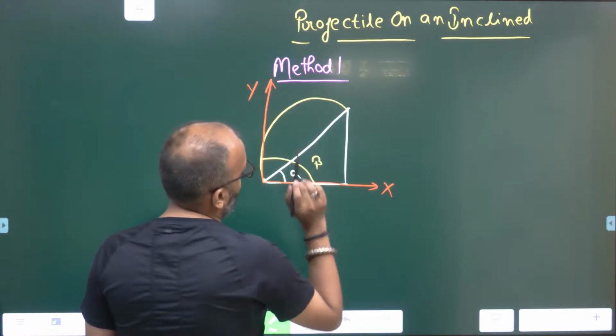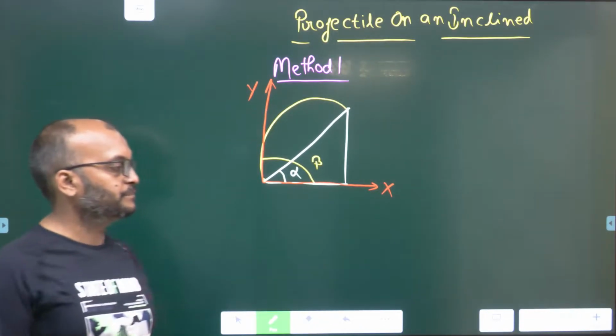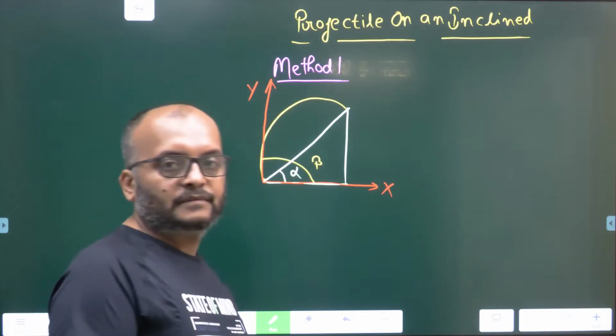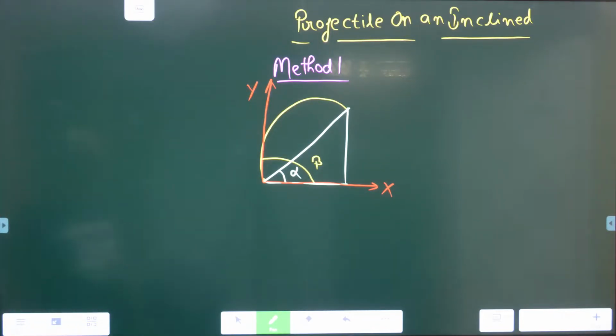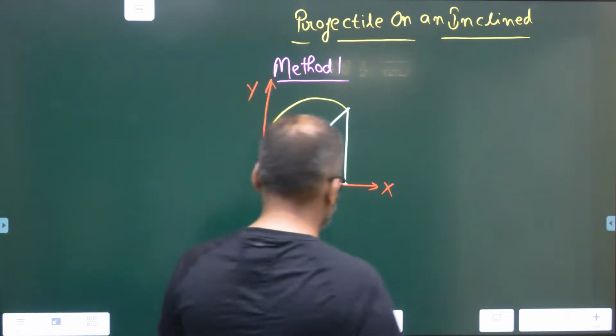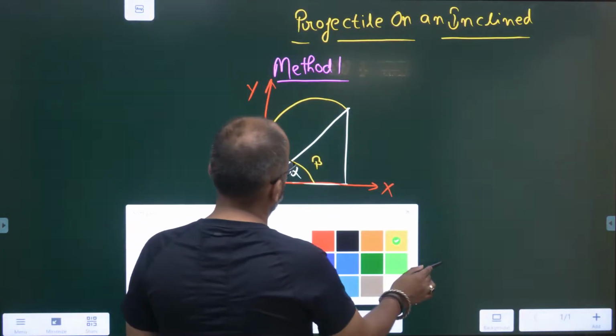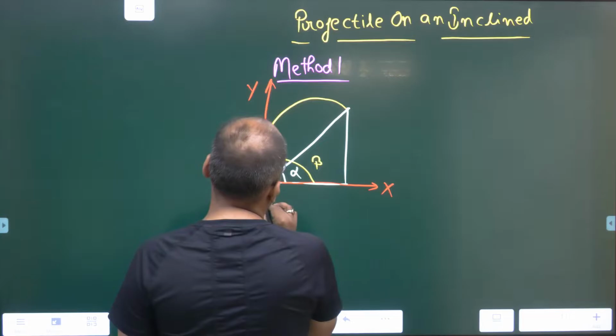Let us call this angle as beta. Please note it down. Okay. Fine. So this is my point O.